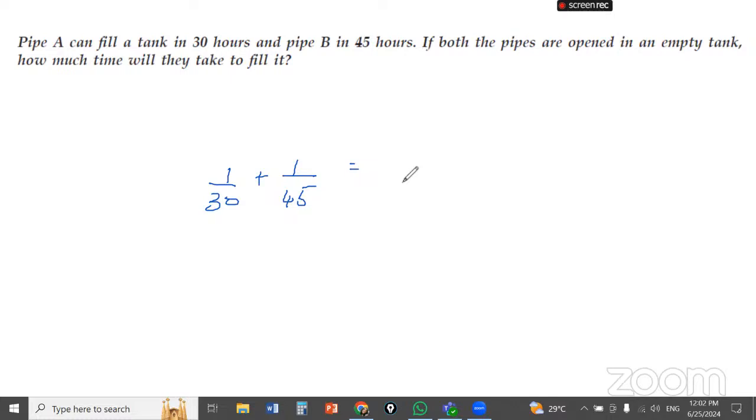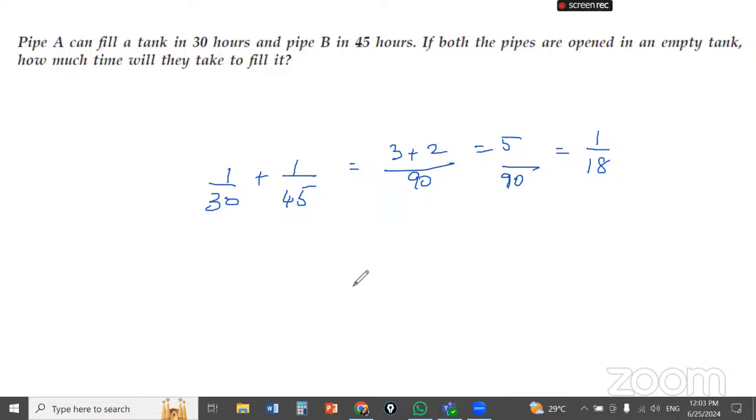90 is not the answer. 18 is the answer, yes. So 90 could be the LCM for this, right? 90 is the LCM.